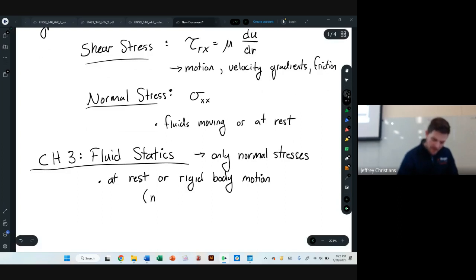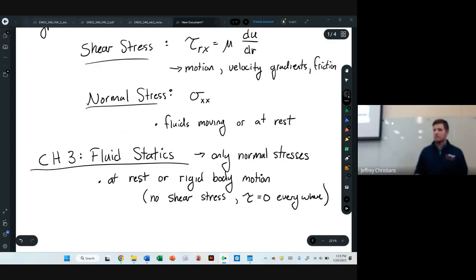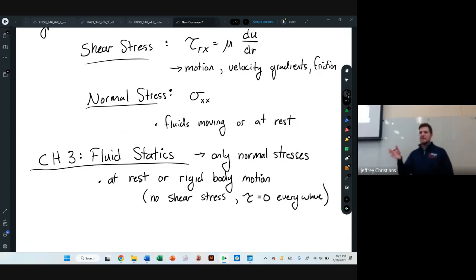But basically this is to say no shear stress. Okay, no shear stress. And that's true everywhere, not just like in the last example where it was true at the center of the flow, but not true at the wall. In fluid statics, that has to be true everywhere.